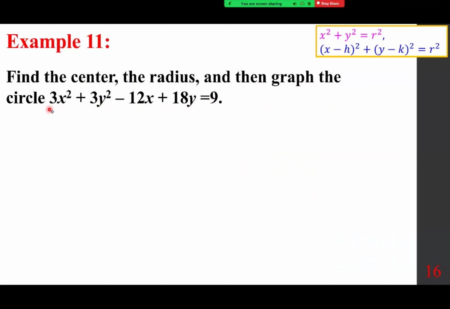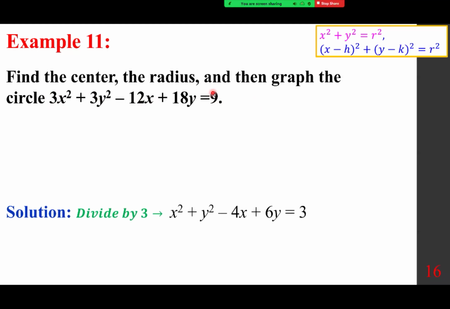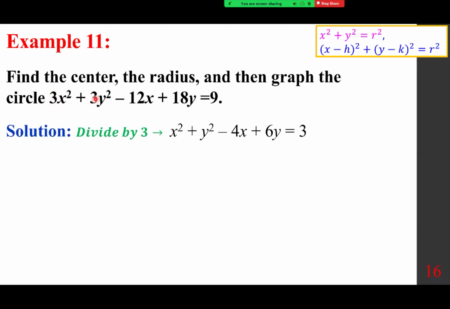So 3x squared and negative 12x come together. 3y squared and 18y come together, and the constant goes to the other side. It's already there. Notice we can divide by 3 and make life easier that way, because everything is divisible by 3. So if I divide by 3, this becomes x squared, this becomes y squared, this becomes minus 4x, this becomes plus 6y, and this becomes 3.